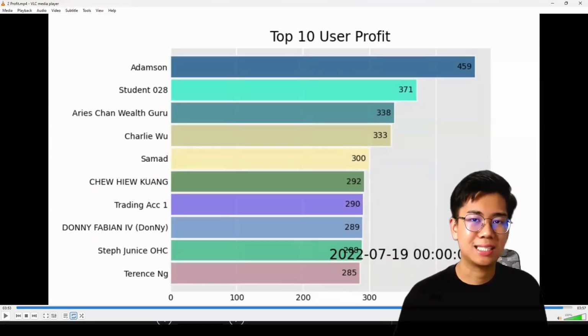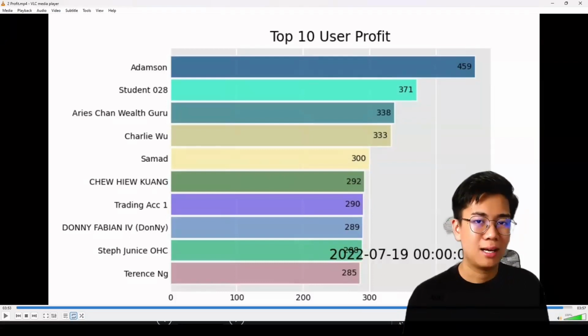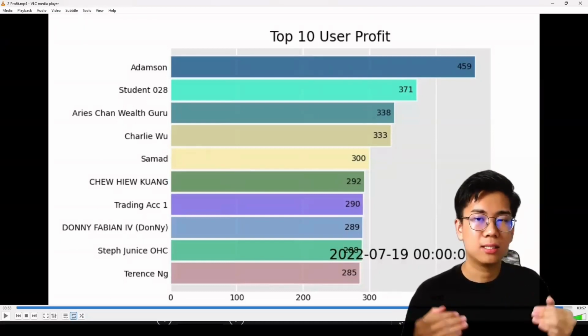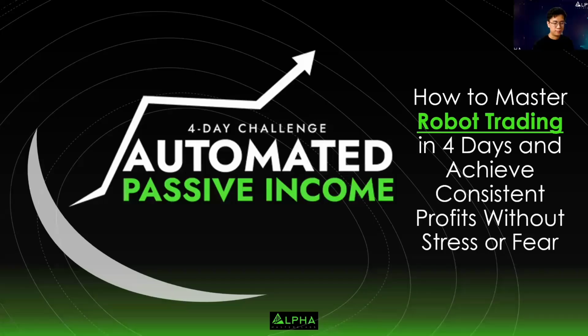Maintaining consistency is even more important than making a profit. I know that some of you guys are roughly around here, almost here, but it's very good already. Okay, as long as you can maintain your profits, that is good enough. It's not about making more ROI. It's all about how you can maintain consistency in the trading.